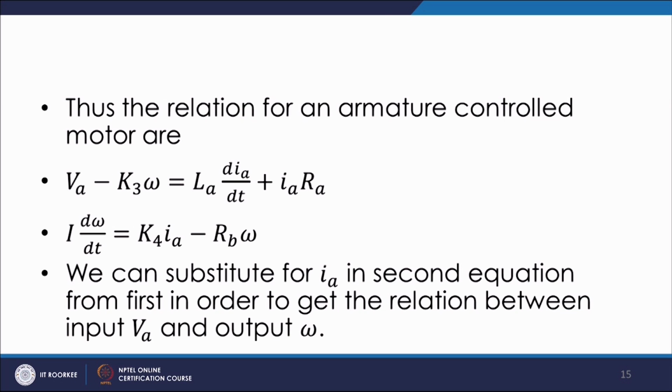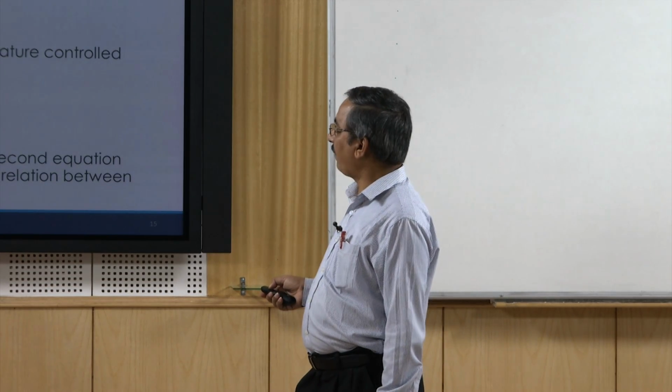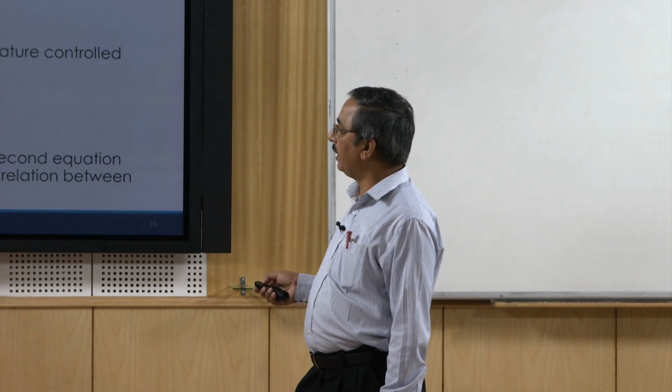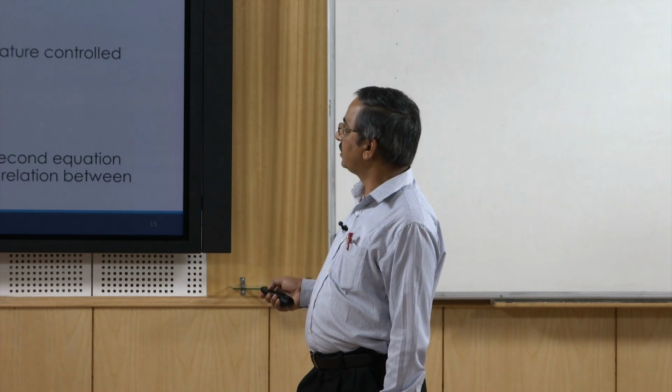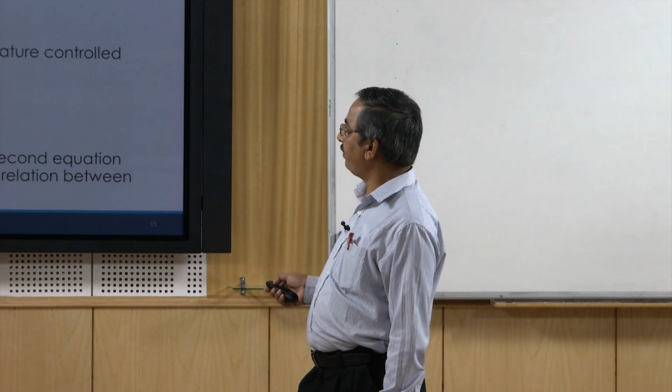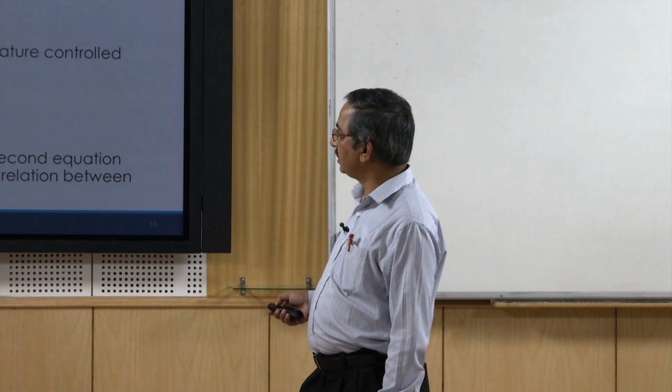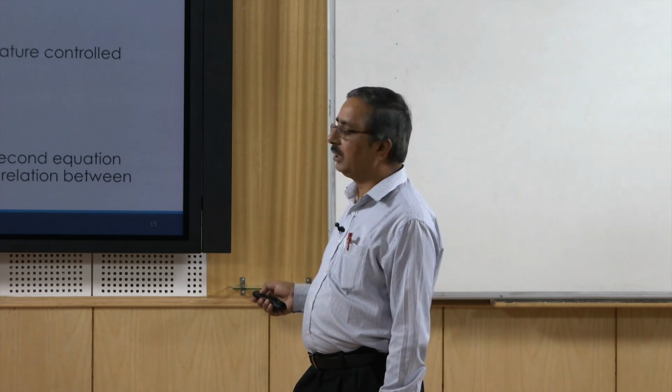Okay. So, here you can see that this omega is basically the rotation of the shaft. Of course, from here we get the back EMF. So, VA minus this is equal to LA dIA by dt plus IA RA, and this is of course the equation for the load.